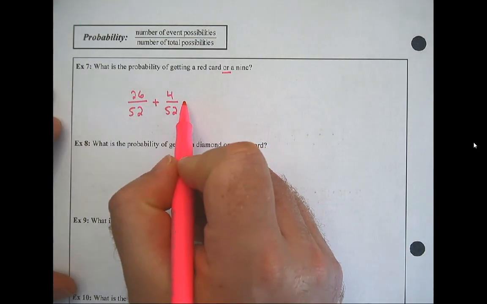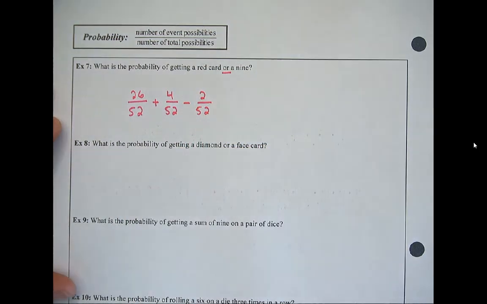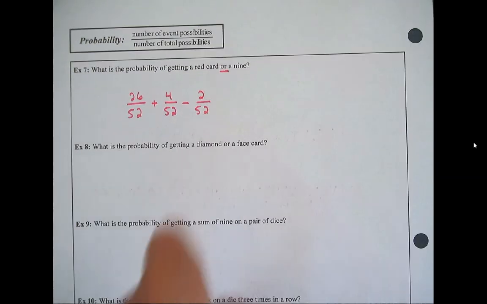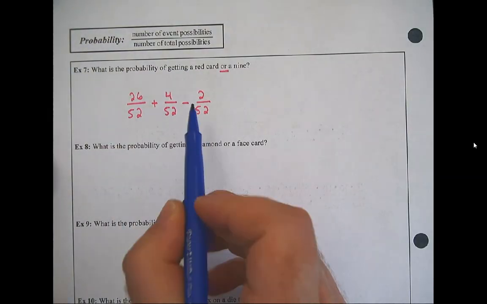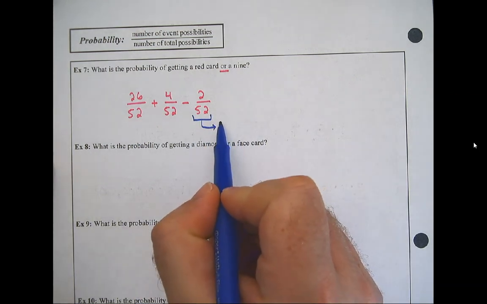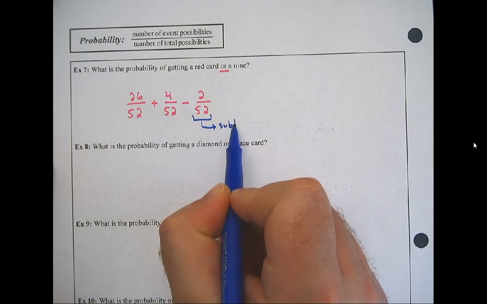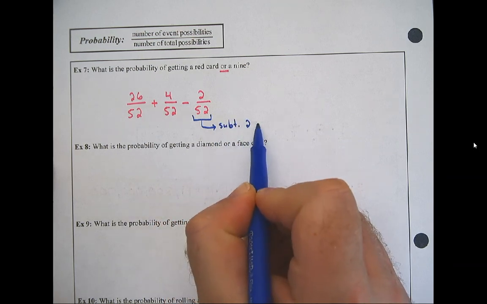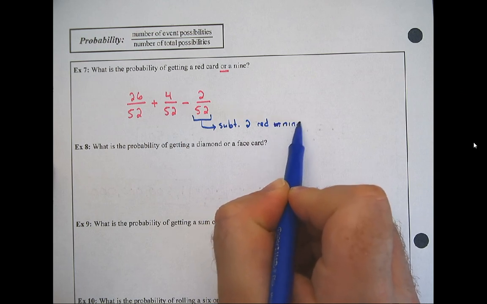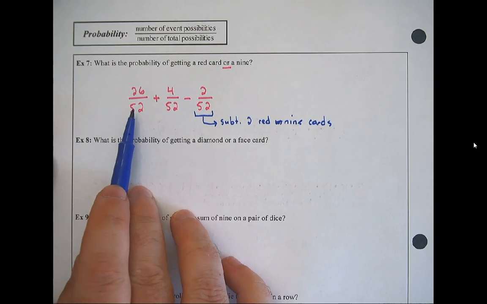So I need to subtract 2 cards out of the 52. Subtract 2 red 9 cards.